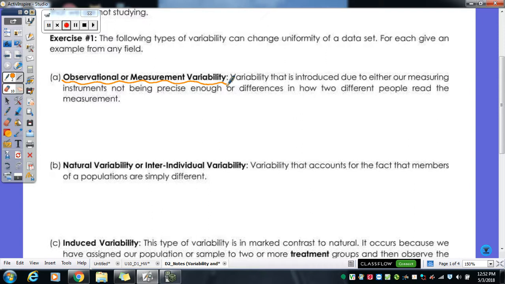Our observational or measurement variability for that one would be purely the reaction time of a person actually taking the time. If somebody has a faster reaction time when the ball is released, and then has that same faster reaction time when it hits the ground, their time's going to be different than somebody who just has a slower reaction time, just because that's the way that they are. So that would be one example of an observational or measurement variability. Anybody think they know another one?